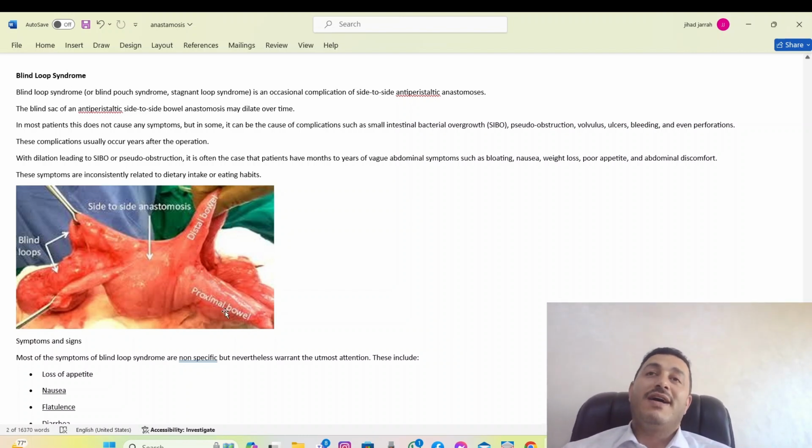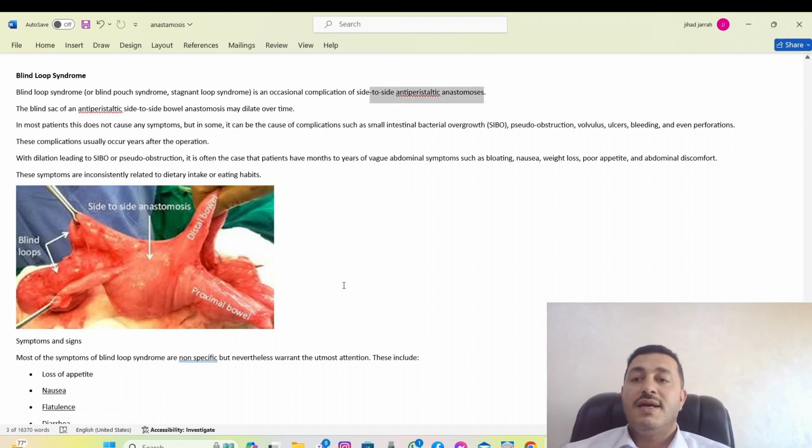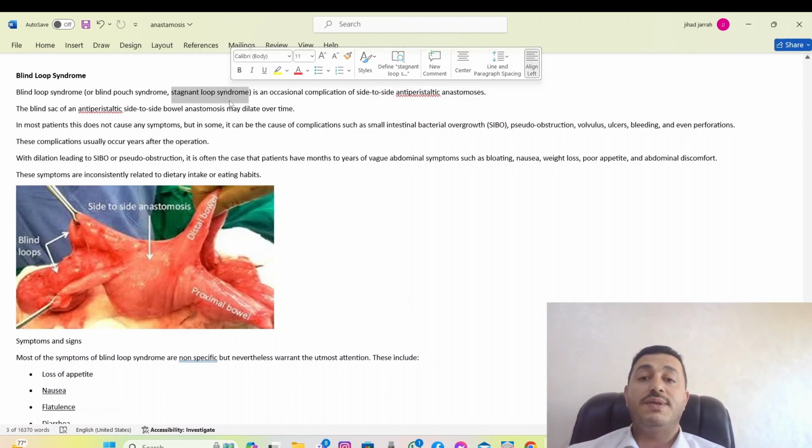Blind loop syndrome actually appears when we use side-to-side antiperistaltic anastomosis. To understand the concept, what happens is that we created anastomosis and it gets dilated, and there is a stasis of the bowel content in this dilatation. This is what we call blind loop syndrome or stagnant loop syndrome.